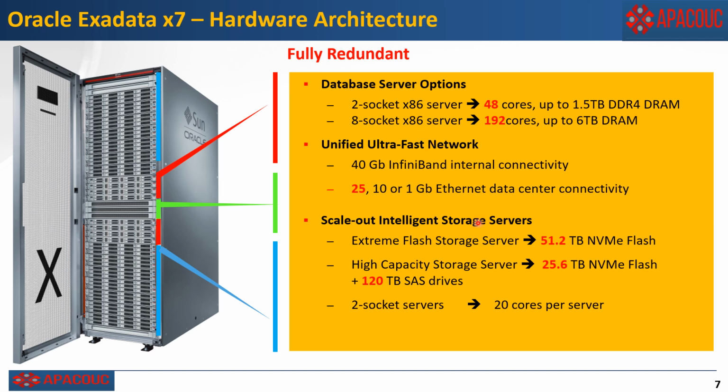Extreme flash storage server has 51.2 TB NVMe flash, and high capacity storage server 25.6 TB NVMe flash, and also 120 TB SAS drives. And we have 2 socket servers. Totally we have 20 cores per server.